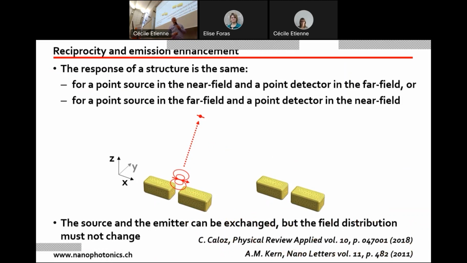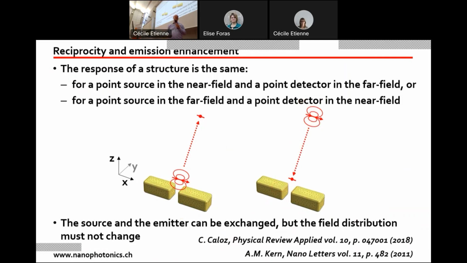And then if I make a very crude shortcut, reciprocity means that if you have a system and you illuminate this system, you can exchange the illumination and the observation. It means that if you have a system and you put, say, a dipole close to this antenna and you look at the far field, you should be able to do exactly the same by taking the dipole in the far field and calculating the field close to the structure.